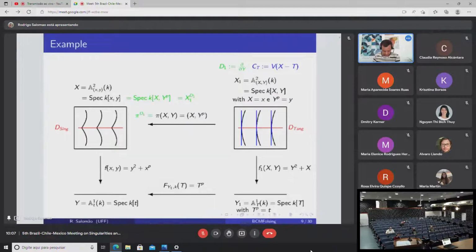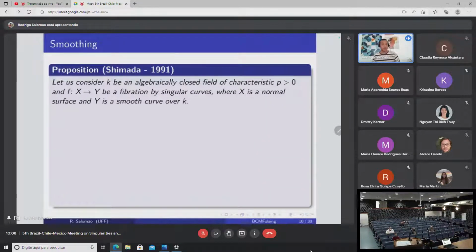And this map here is a map induced by the vector field as well. It's called the quotient map.